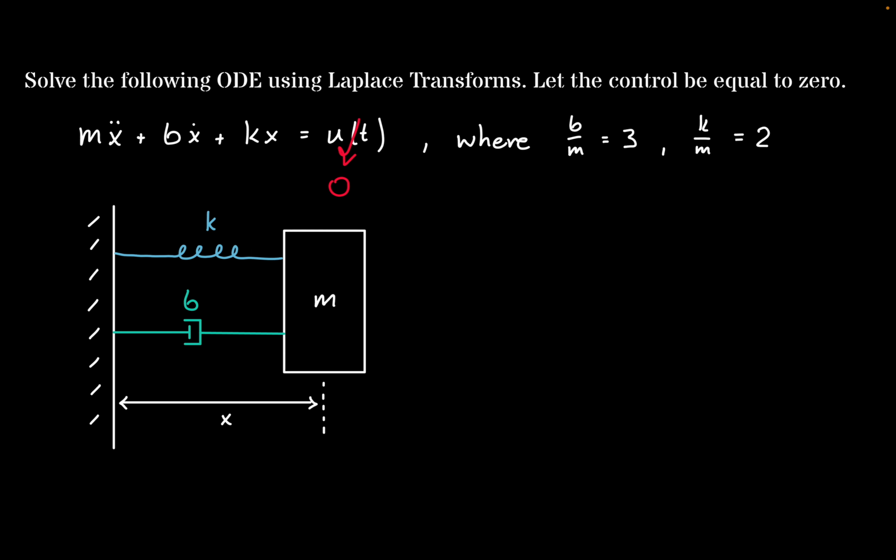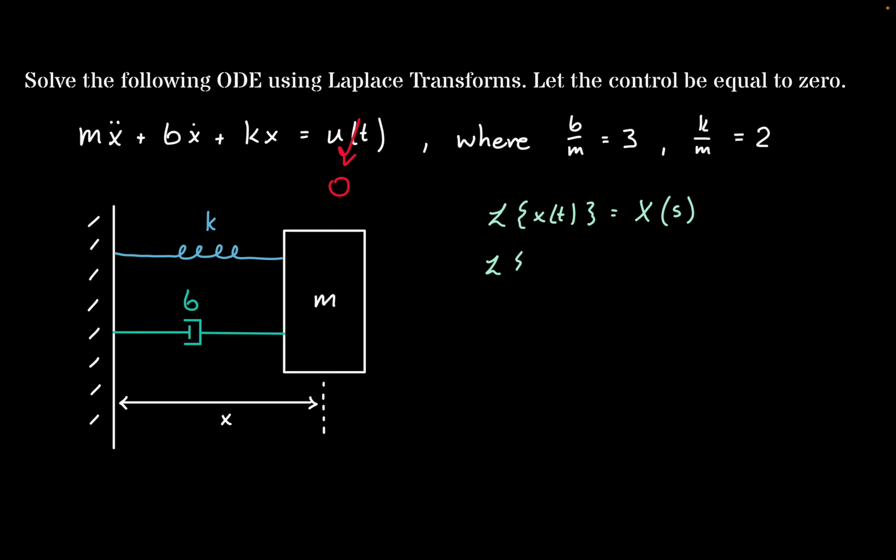Now, before we start getting into the Laplace transform for our ODE, what we should probably do is write out some of the important Laplace transformations that we're going to use. So we can start out with the Laplace transform of our time-dependent x, which is going to be equal to our frequency-dependent capital X of s.